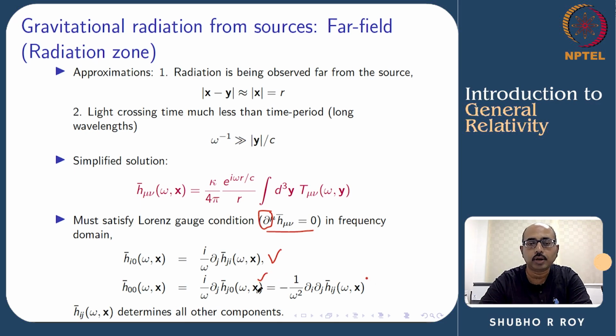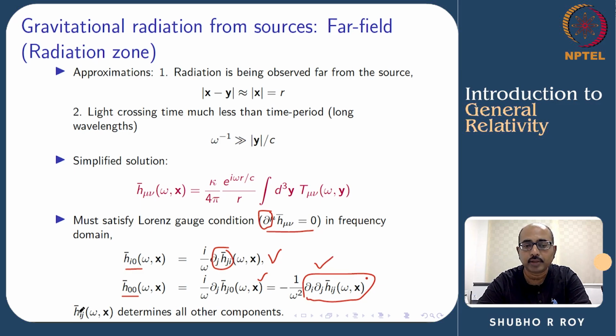One advantage of doing this is that we find that the i0 component and the 00 component of the trace-reversed perturbation can both be expressed as derivatives of the ij component. The i0 component is proportional to the first order spatial derivative of the ij component, and the 00 component can be shown to be a second order spatial derivative of the ij component. This is just a consequence of the Lorentz gauge.